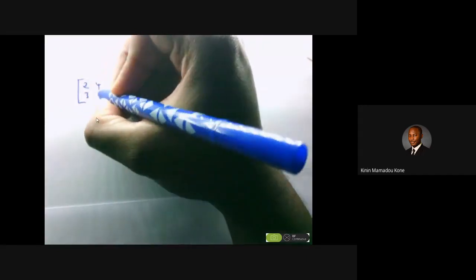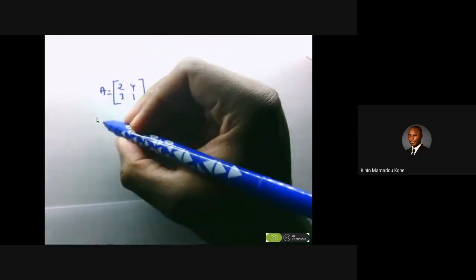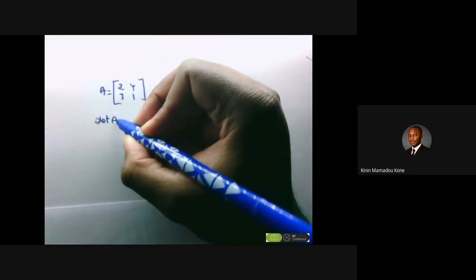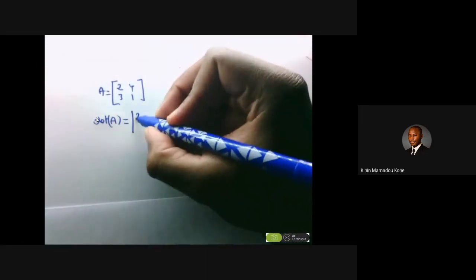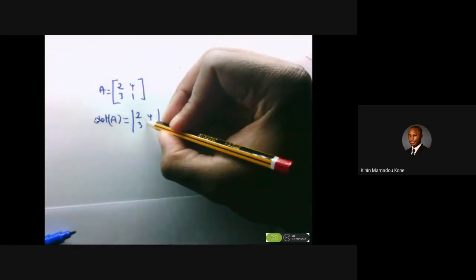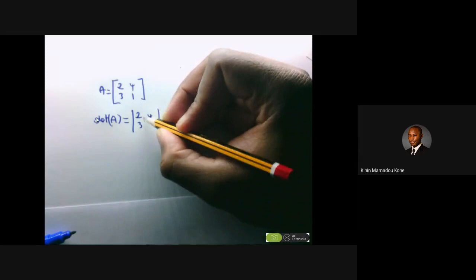Let's say that I have a small matrix like this, 2, 3, 4, 1, and you want to calculate the determinant of that matrix A. All I have to do is multiply the diagonal elements and then subtract. So this one times that one minus this one times this one.